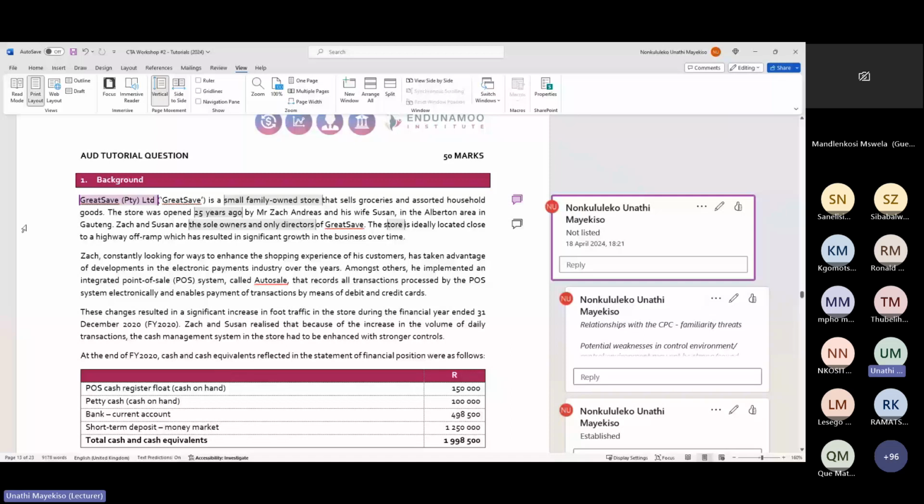Second paragraph: Zach, constantly looking for ways to enhance the shopping experience of his customers, has taken advantage of developments in the electronic payments industry over the years.